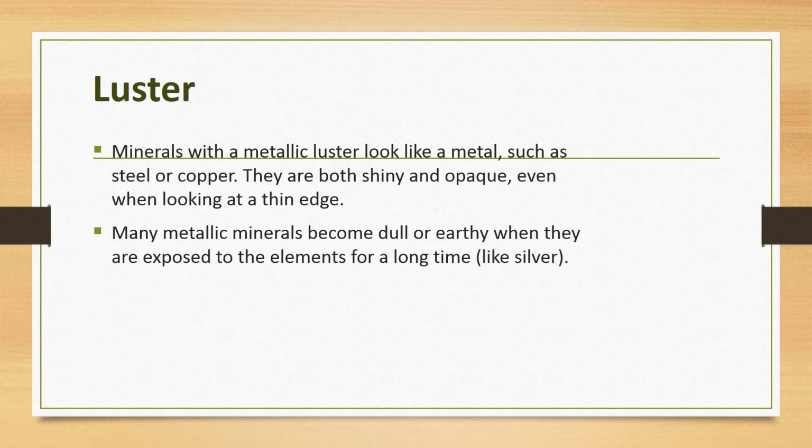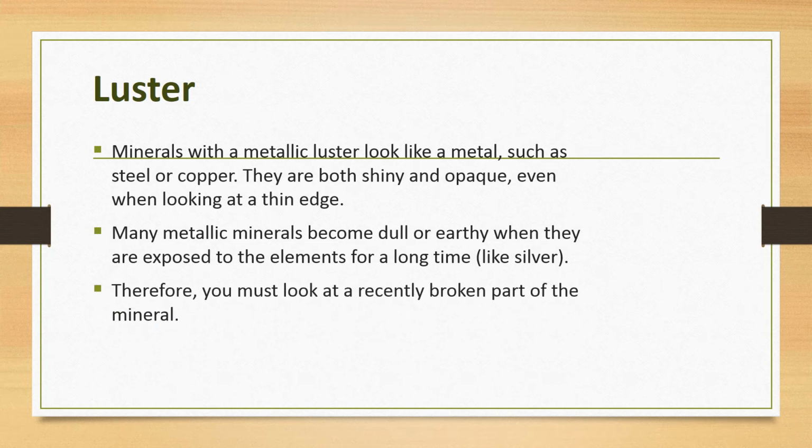Then you have to bring them back to their shiny state when you wash them or add some chemicals to them. But some elements like gold don't get rusty. Therefore, you must look at a recently broken part of the mineral to see the real luster of this mineral.